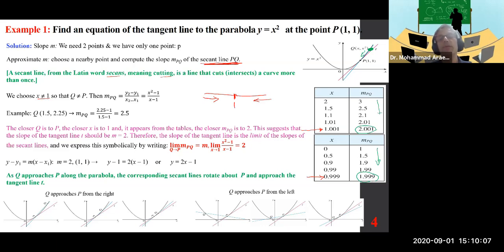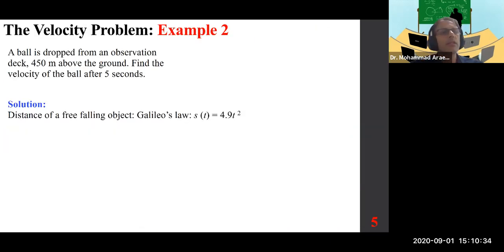Now, if both answers agree, if you look at the left and right, you see the slope, one of them is 1.999 and one of them is 2.001. So they are approaching the same number, namely 2, then we say the limit exists, and that's the slope of this tangent.